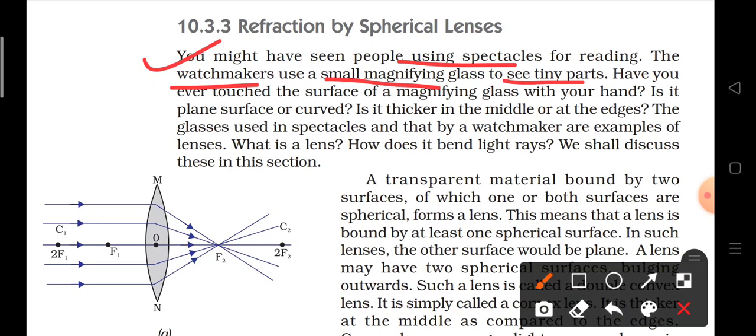Is it thick in the middle or at the edges? If we touch it, we will find whether it is thick from the middle or from the edges. On that basis, the glass used in spectacles and by the watchmaker are examples of lenses. What is a lens and how does it bend light rays?